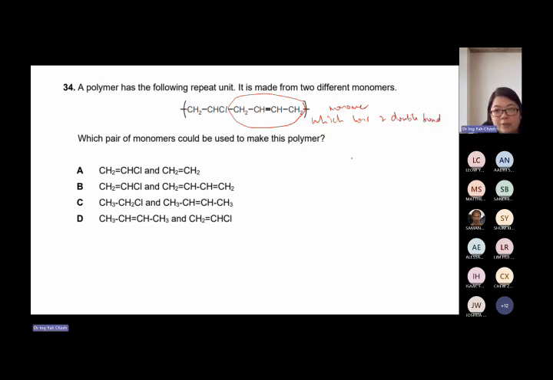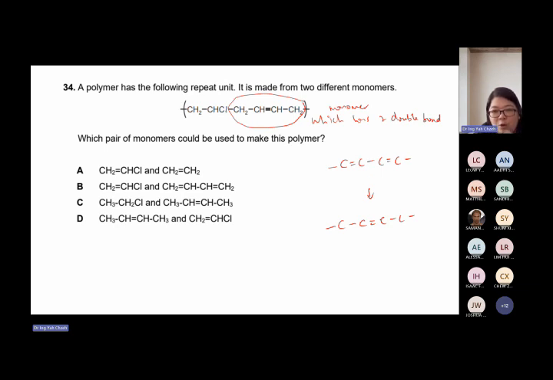So with something with two double bonds like this, after forming the polymer, the double bond goes to the middle. Why? Each electron has to go to the left and right hand side to form the polymer.